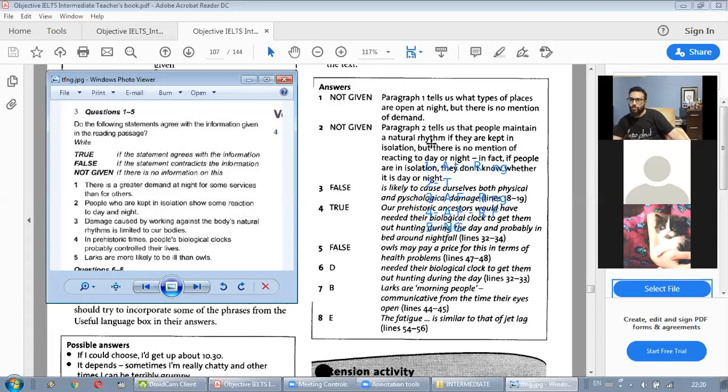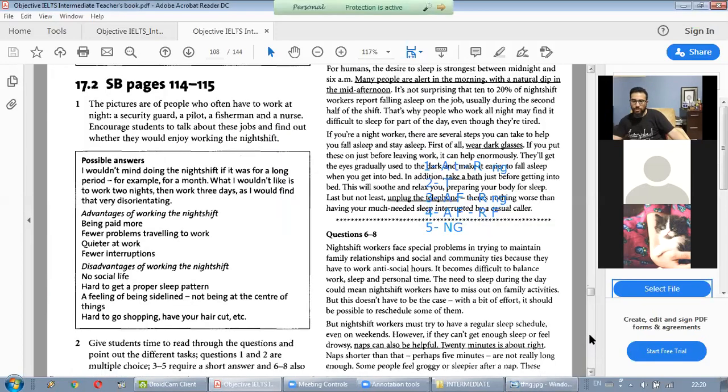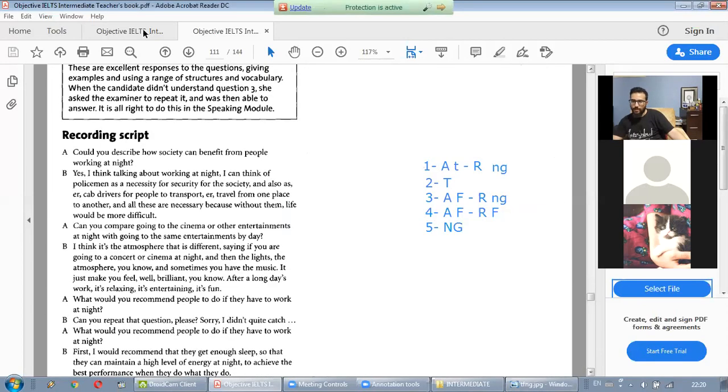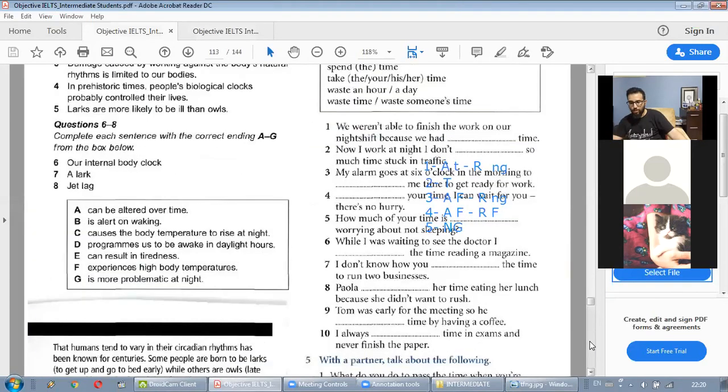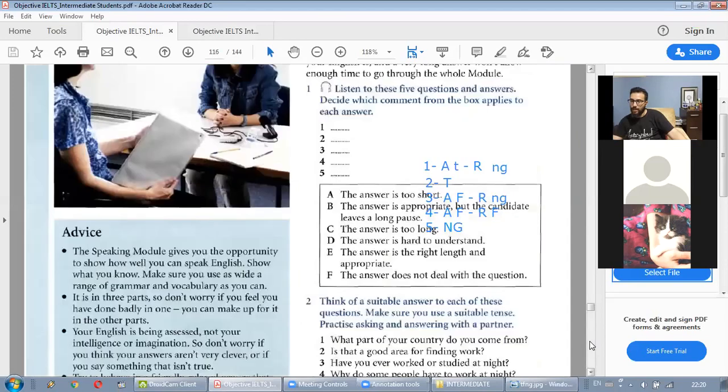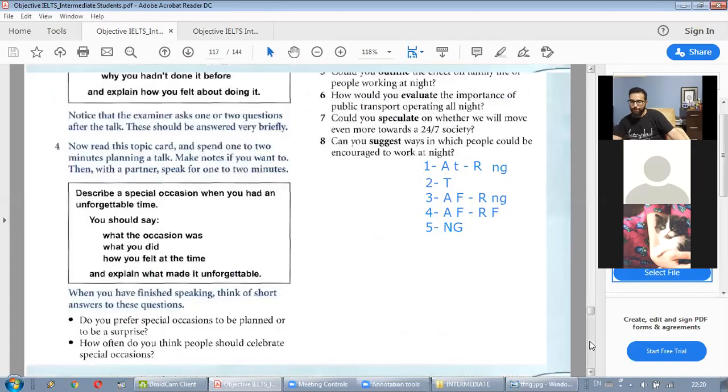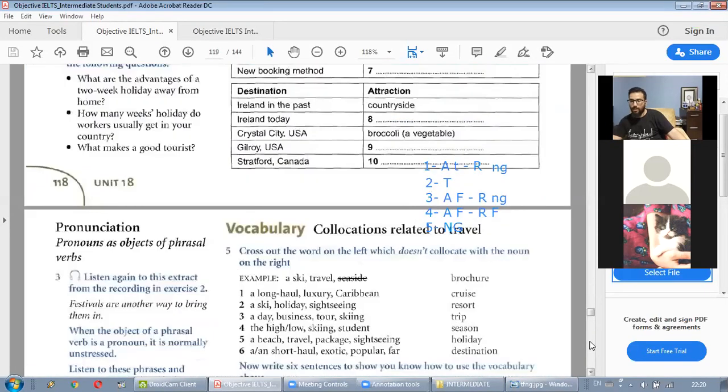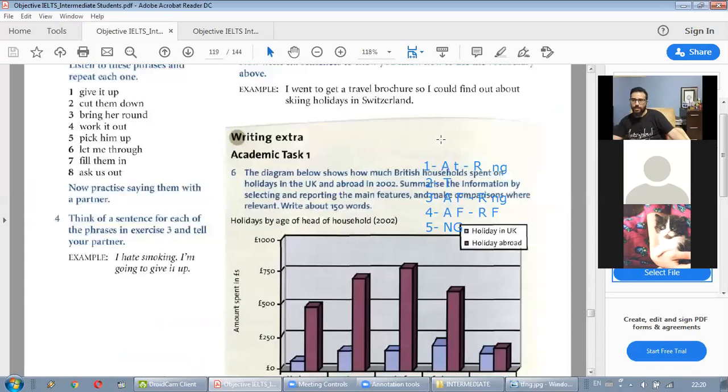So we still have lots there. In the books there are still more true, false, not given questions, but I want to leave this to you as a vote. If you want to do more of true, false, not given, there is more, but there are other questions as well. So it's up to you.